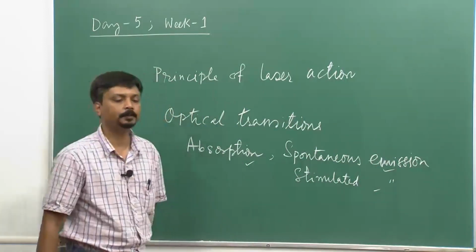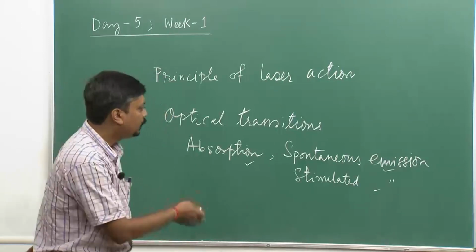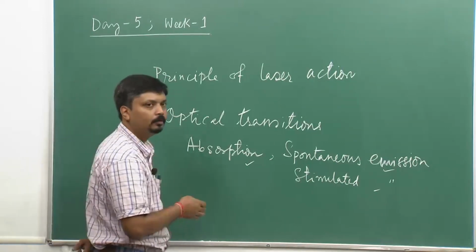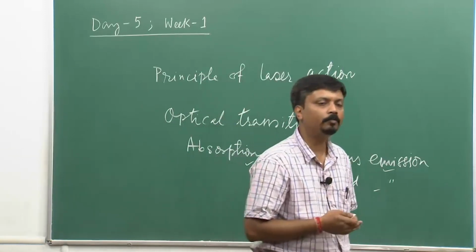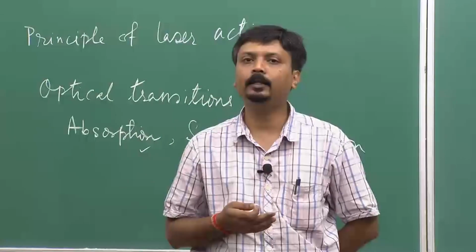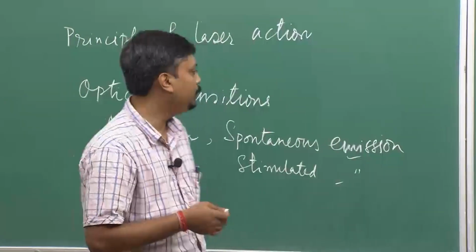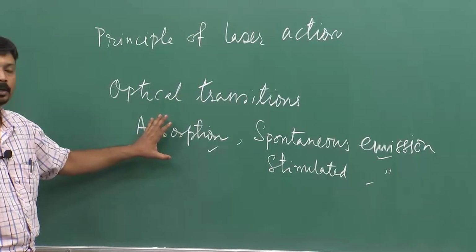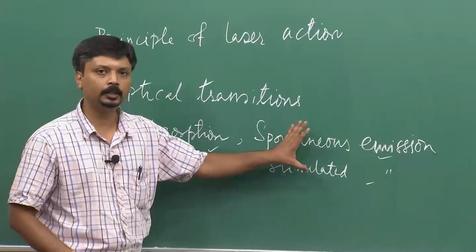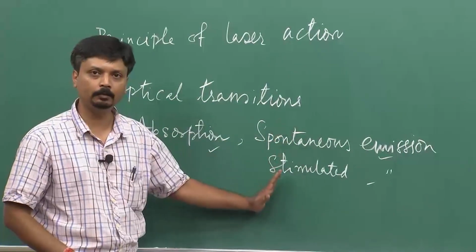We also learnt about the rate laws governing these optical transitions, the absorption and both the emission processes. After looking at their rates, we brought in the principle of detailed balance, and thereby we equated the total rate of absorption to the total rate of emission, which includes spontaneous and stimulated emission.